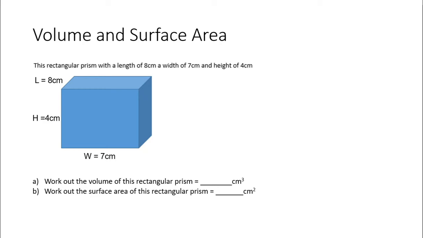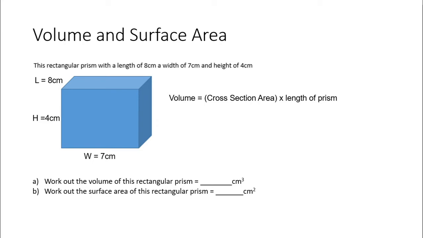The volume of any type of prism is always going to be the cross-section area times the length of the prism. And it's up to you to figure out which face is going to be the cross-section face so I can find the area of that face. In the case of a rectangular prism, it doesn't matter which face you choose as the cross-section face.